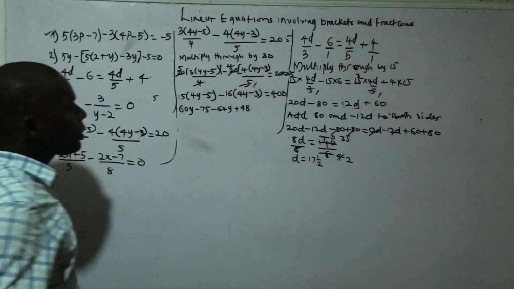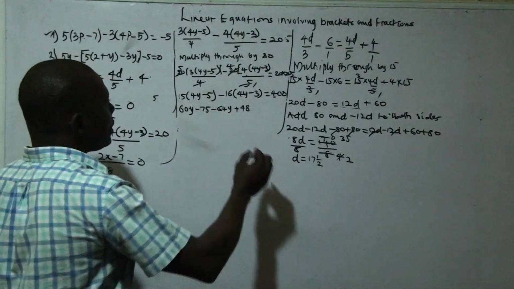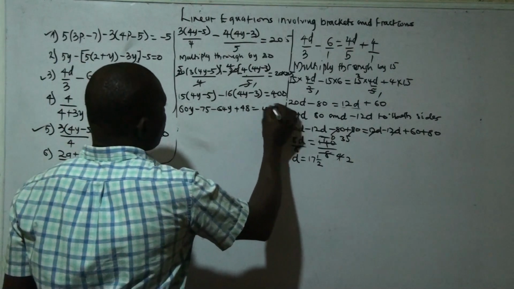Minus times minus is plus, and 16 times 3 gives 48, is equals to 400.